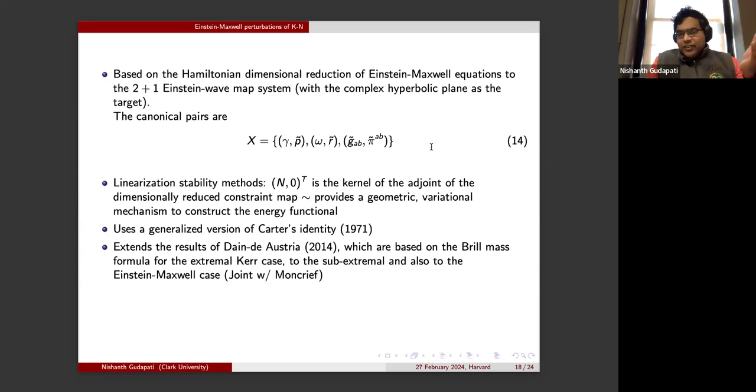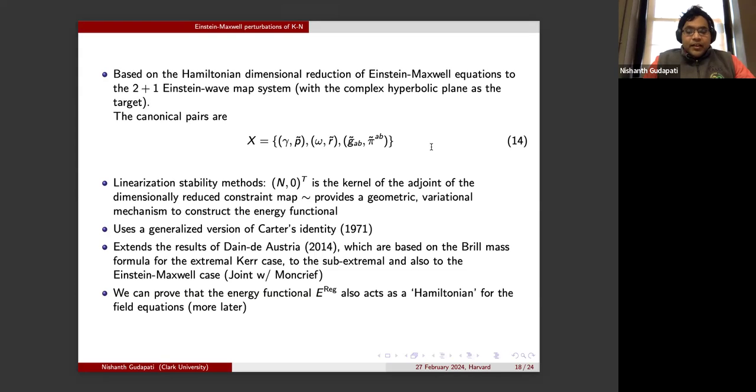In fact, that general n happens to be a harmonic function, and that as a result is the kernel of the adjoint of the dimension reduced constraint map. So that's the observation that allows us to extend their results to the sub-extremal case, and also for the Einstein-Maxwell case.